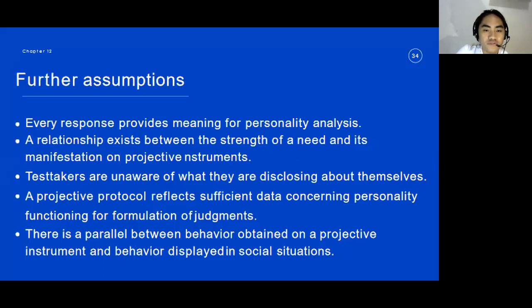So I want to go through some further assumptions: that every response provides meaning for personality analysis, and that a relationship exists between the strength of a need or a desire or feeling, these unconscious things, and its manifestation on this projective instrument. Maybe the type of stimuli you're giving them leads them towards one set, like the TAT, the Thematic Apperception Test, which was rather gloomy and doesn't lead them towards more positive or optimistic desires.